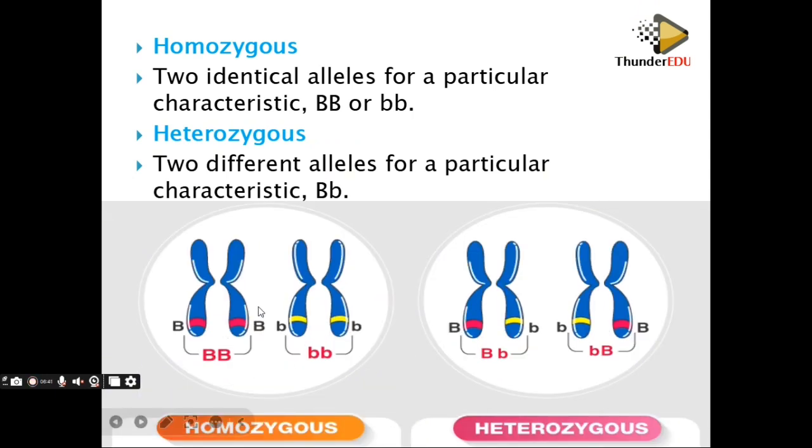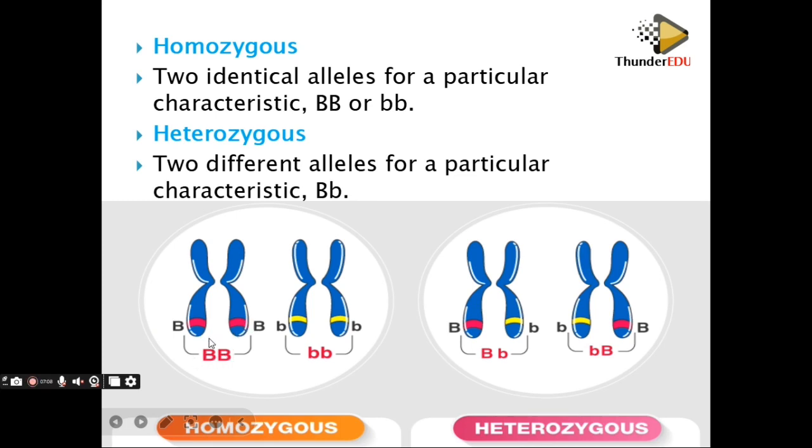This is an example. You can see here you have a chromosome, a complete chromosome made up of two chromatids. Now, each chromatid will have what? An allele in the gene. Remember, a gene is a segment at the same location on a chromosome that codes for a particular characteristic. And in the gene, we find what?